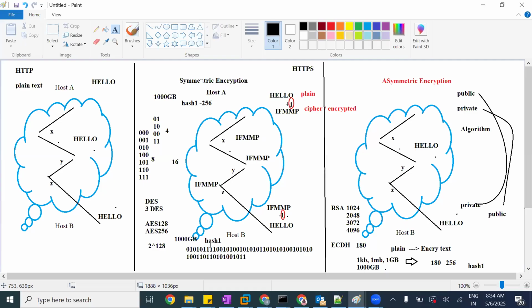Both should match. In case the data got changed in the network, the hash doesn't match the original one, so I can say someone has modified the data. So hashing is used to protect integrity.